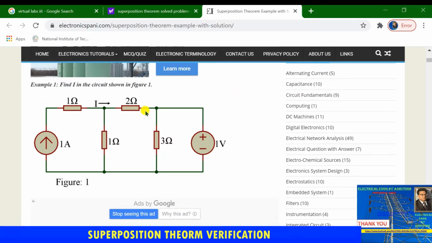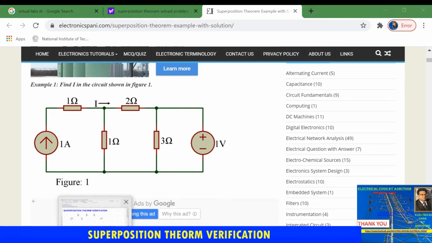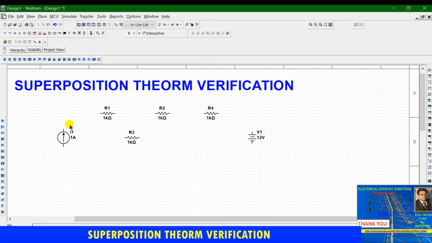So I have taken this problem, which is already solved on the internet. First, we have to construct this circuit. You can construct this circuit by joining these components like this. Join each and every resistance from here.